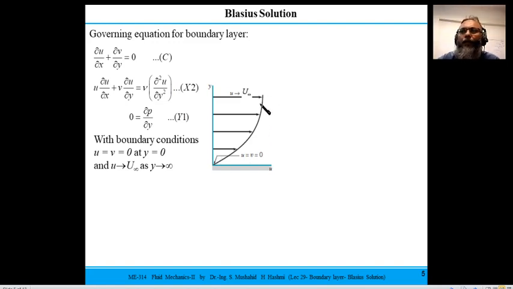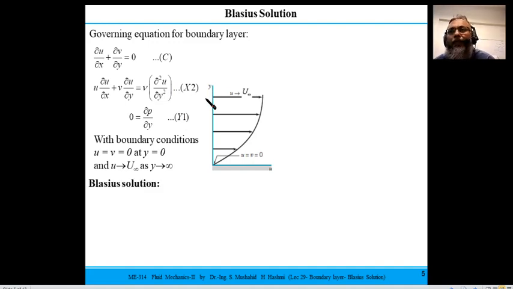Another boundary condition is whenever y is such that you go into the free stream, where your velocity approaches the free stream velocity. In that case, when your local velocity is approaching the free stream velocity, you say your y is somewhat equal to your boundary layer thickness delta.